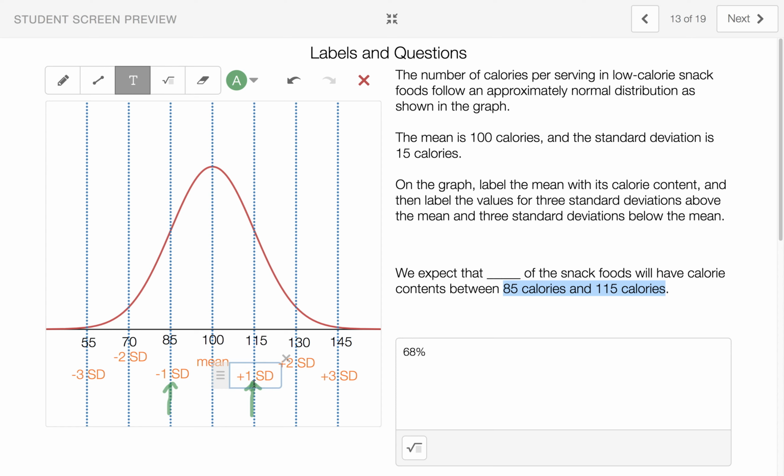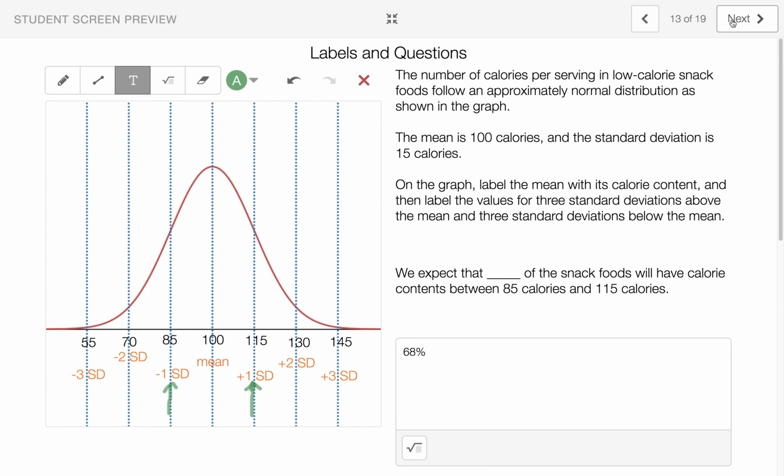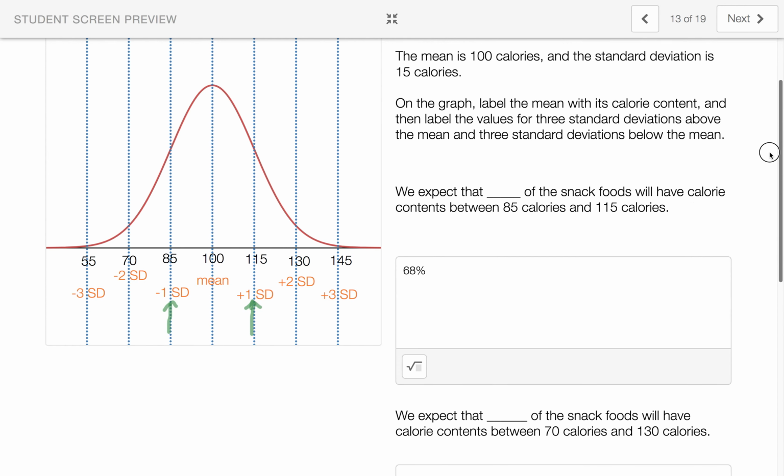That's that wording within, one above and one below. And that means from the empirical rule that we would expect 68% of our snack foods to have those calorie contents. If we go back one screen, it was from one below to one above captures 68% of whatever we're talking about in terms of data points. So that should be 68%.